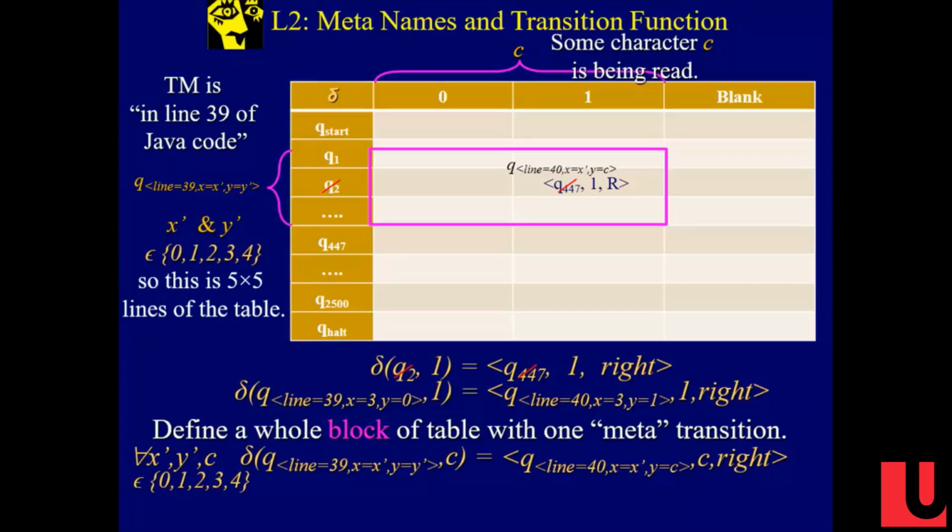So for all our values within our particular range, C is 0, 1, right? So if I'm in a state that looks like this pattern, and I read a character that has that pattern, then I'm going to go into a state that has this pattern, and I'm going to write that pattern on the tape, and I'm going to move right.